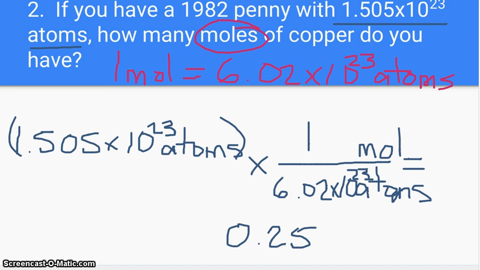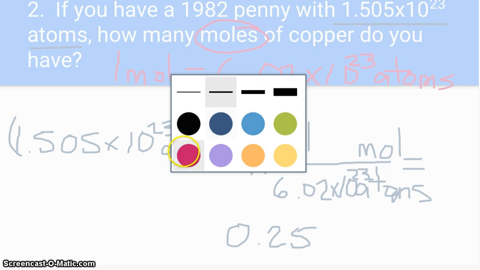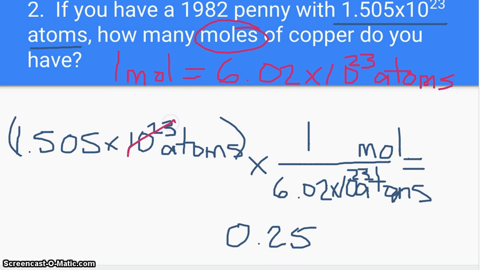And since we have 10 to the 23rd divided by 10 to the 23rd, those are going to cancel out, and atoms are going to cancel out. So what we're going to be left with is 0.25 moles as your final answer.